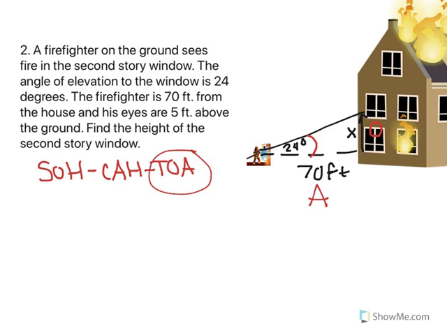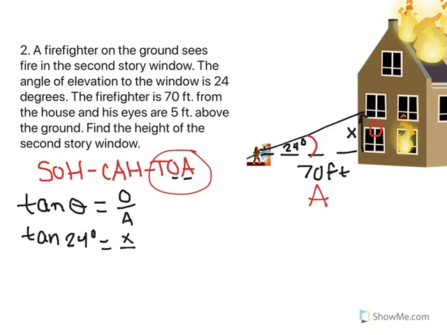It's going to be tangent. So write out that trig ratio. Tangent of my angle is O over A. Let's start plugging in. Tangent of my angle, which is 24 degrees, equals opposite, which is x, over adjacent, which is 70.